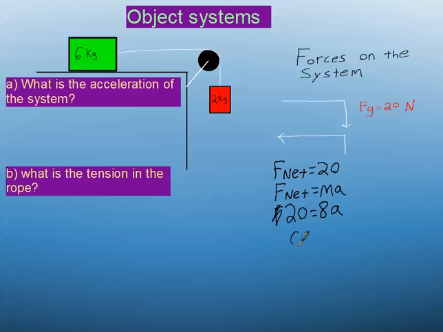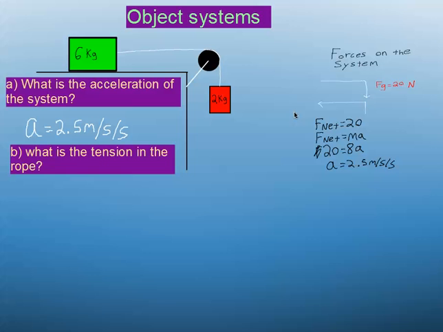So you end up with an acceleration of 2.5 meters per second squared for the entire system. Even though the green one isn't pulling on the red one to stop it, just the fact that it has mass means there's more stuff that's got to be pulled. So it's not going to fall at 9.8, it's going to fall at much less than that, 2.5 meters per second squared.